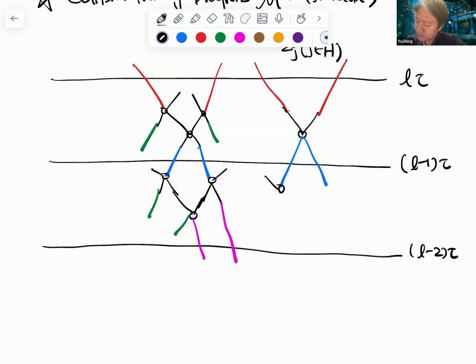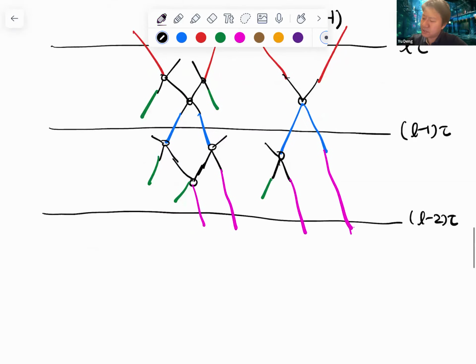You may have collisions that go like this and go like this, and this, of course, is also part of that. This part has no collisions in this layer, but then it just directly goes through here. Okay, and so on. And then in the end you get back to 0.